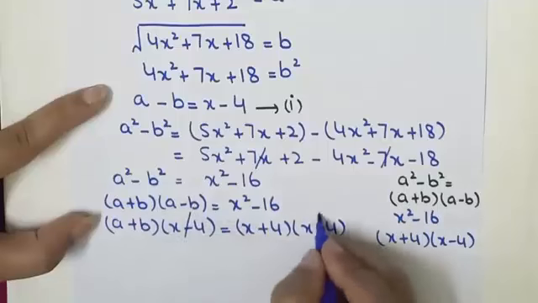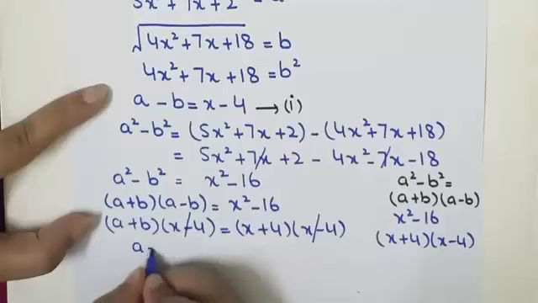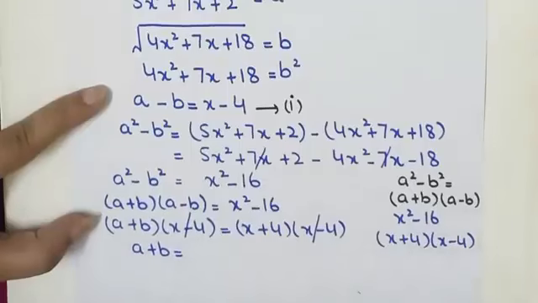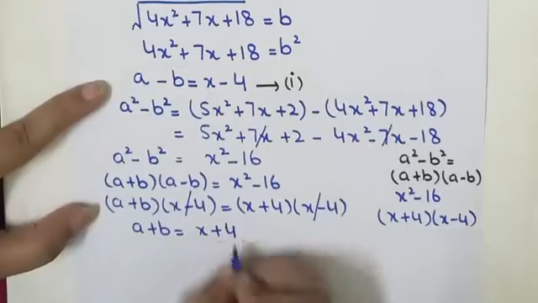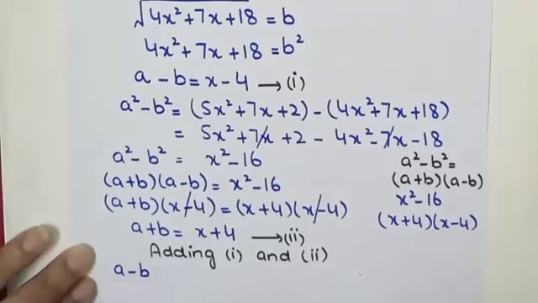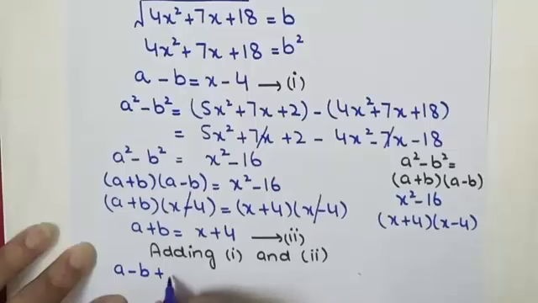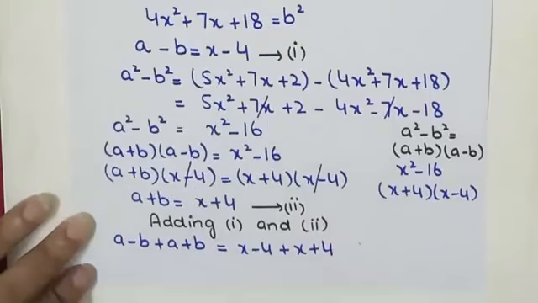Since a minus b is equal to x minus 4, these two equal terms cancel out, and we have a plus b is equal to x plus 4. Now we add equation number 1 and equation number 2. Equation number 1 is a minus b plus a plus b on the left hand side, and the right hand side is x minus 4 plus x plus 4.